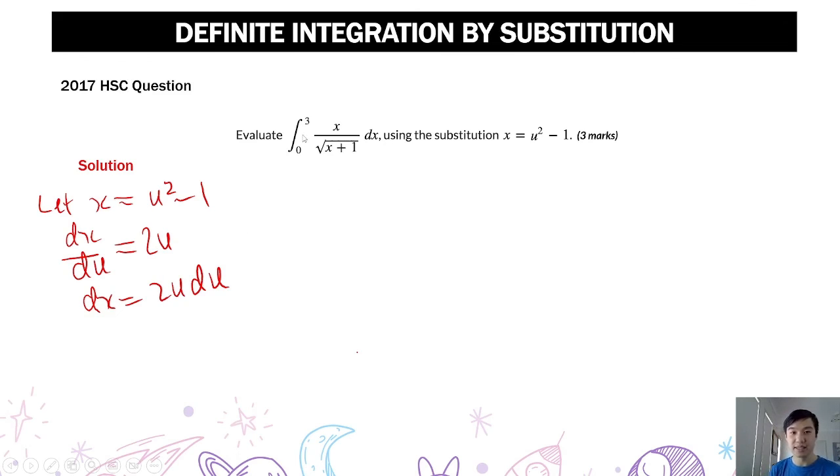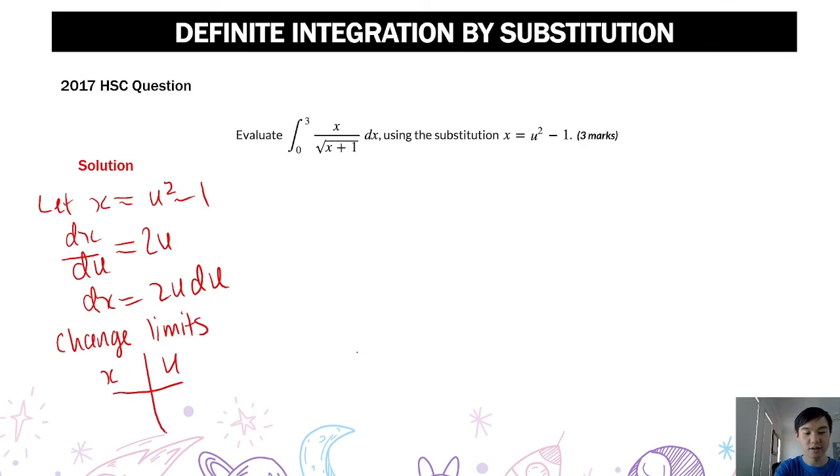And again, this is a definite integral, so I'm going to make sure I change the limits. My original limits in x were from 0 to 3.